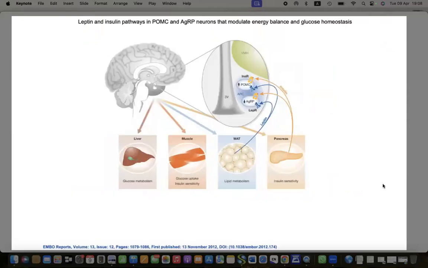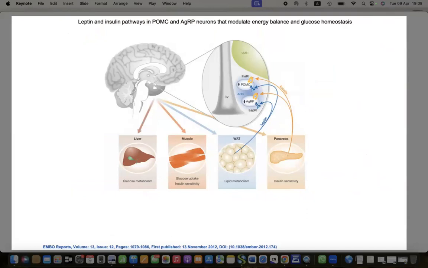Okay, there we are. And looking more at the leptin pathways and insulin pathways, I don't know how clear this is, but I can give these notes out later. So there's talk to the liver on glucose metabolism, glucose uptake and insulin sensitivity.